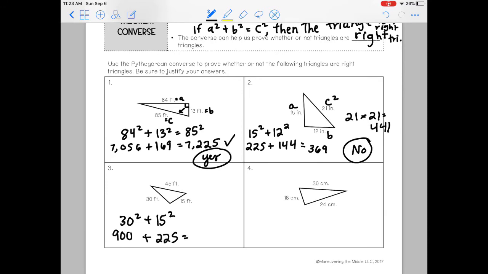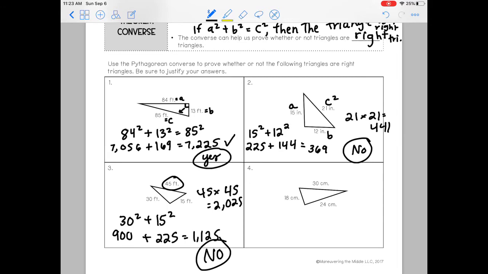You add these two values together, you get 1,125. Is 45 squared, or 45 times 45, 1,125? Well, let's see. 45 times 45 would actually give me 2,025, so the answer is no.